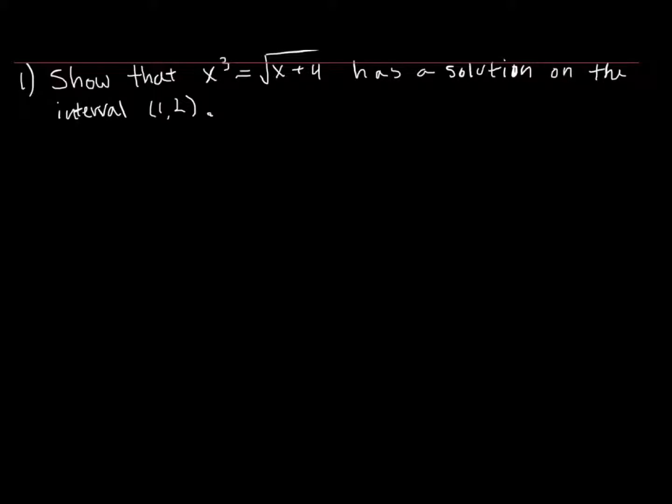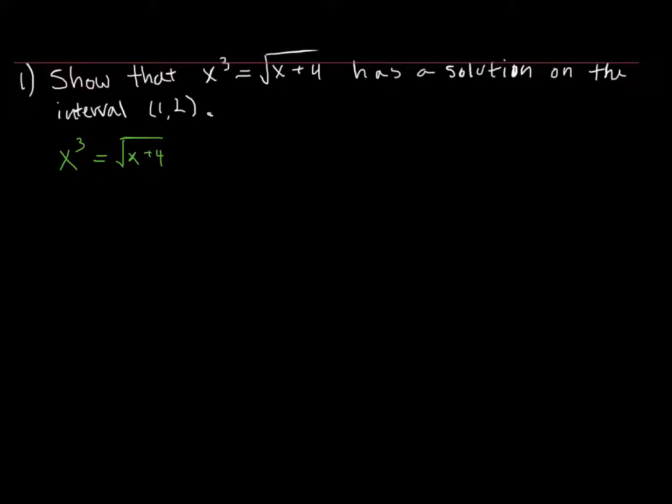So to make this a little more clear, what I want to do is think about this equation, x cubed equals the square root of x plus 4. And whenever possible, I'd like to have an equation where I've got all of my variables and everything on one side of my equation so that I've set something equal to 0.